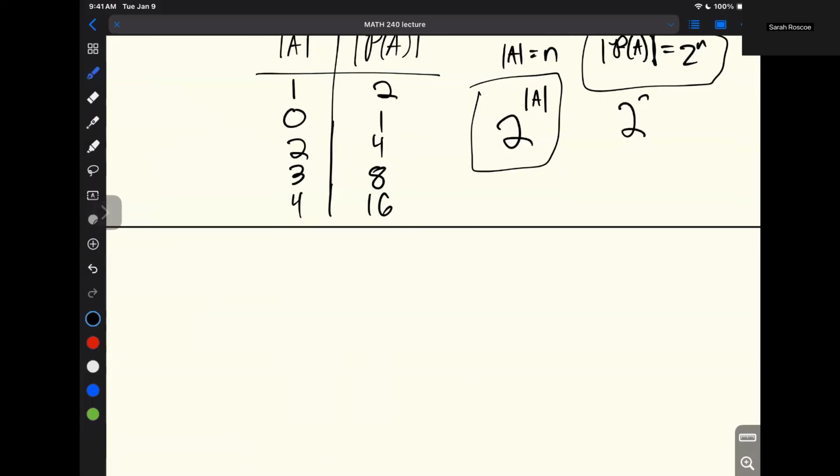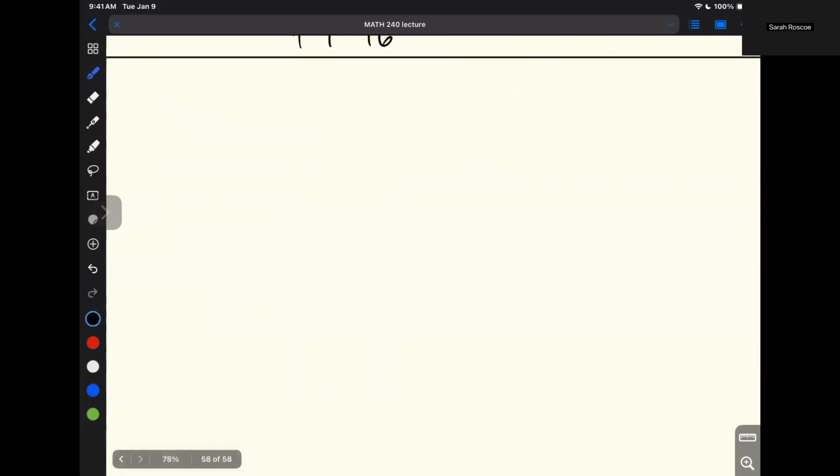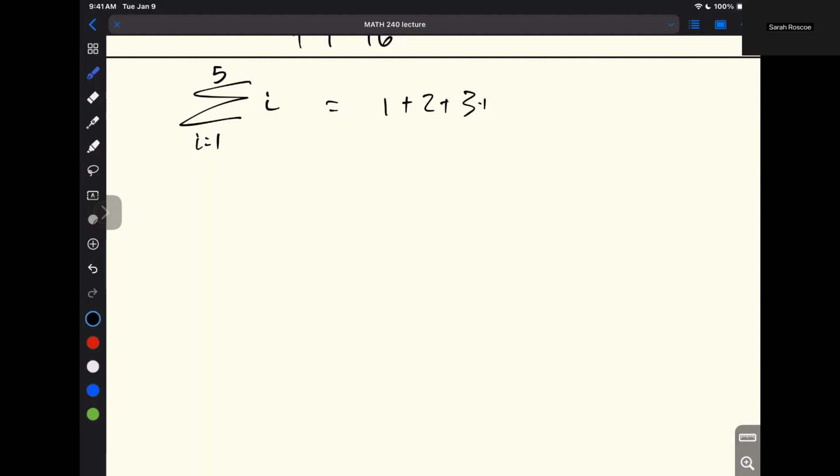All right. Some other things that I want to tell you super quickly. Has anyone not seen the sigma notation? If I have some number and I want to add all the things from 1 to 5, this is secretly 1 plus 2 plus 3 plus 4 plus 5.